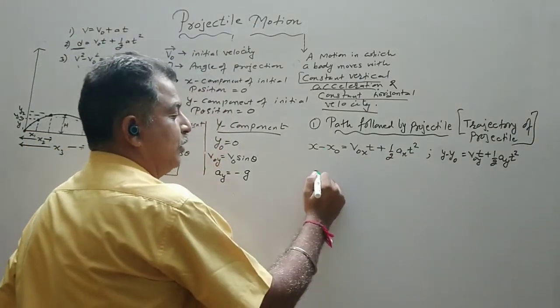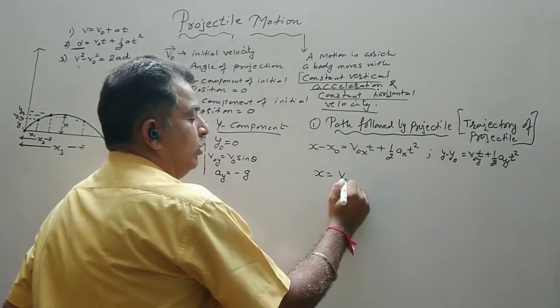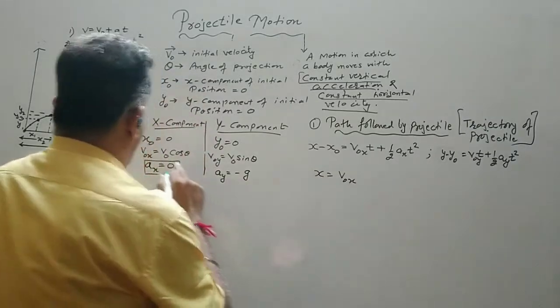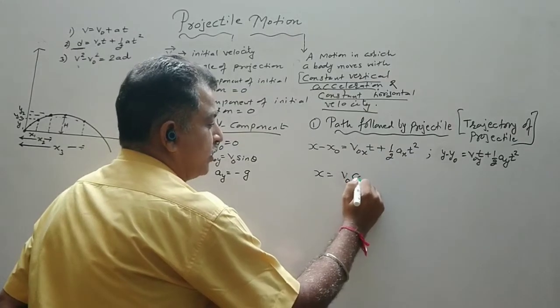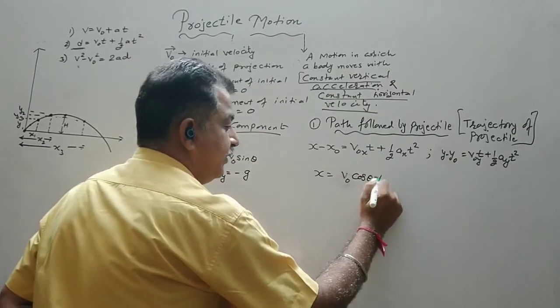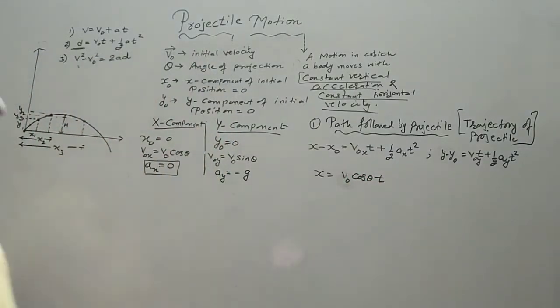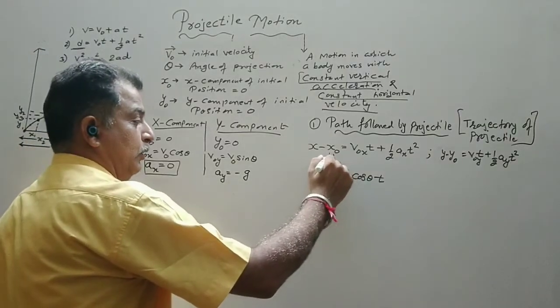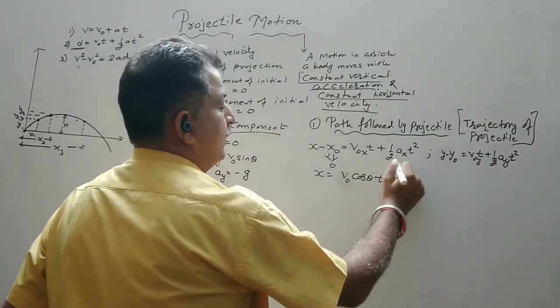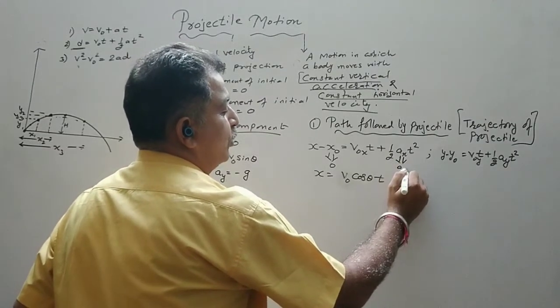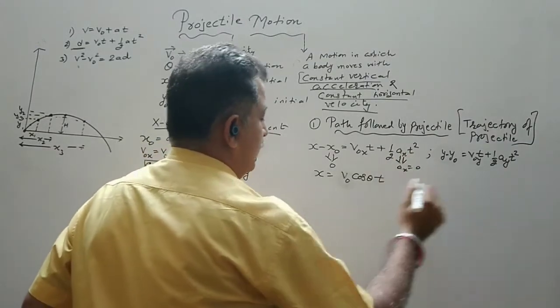Now the initial position is 0, so x naught is 0, and x is equal to v naught x t. Now what is v naught x? Directly I will write here v naught cos theta t. Ax is again 0, so this term is eliminated.